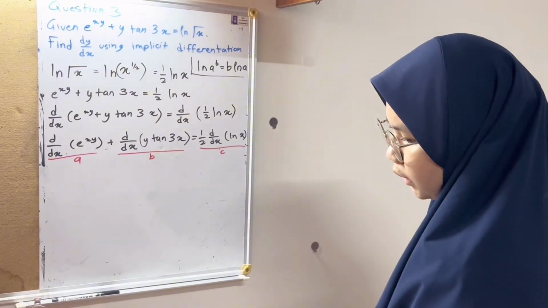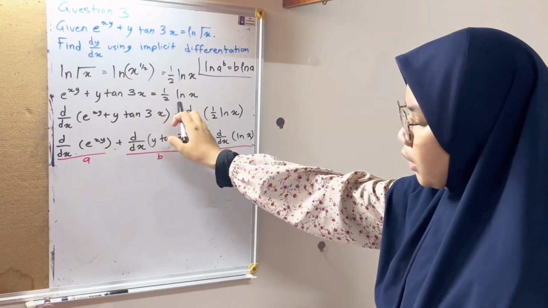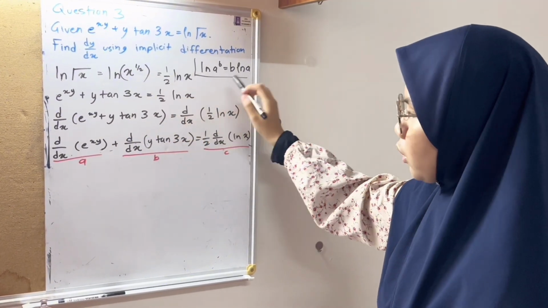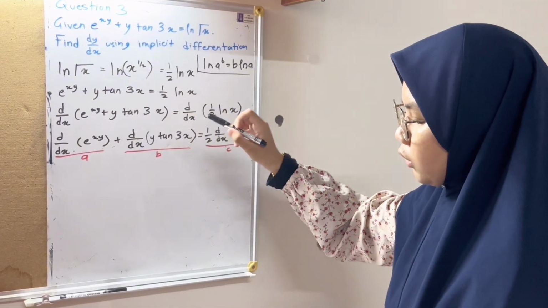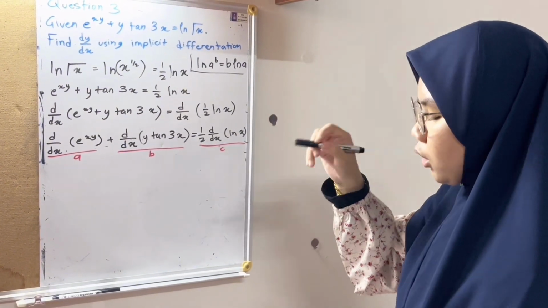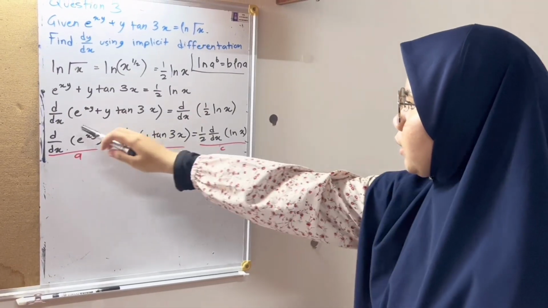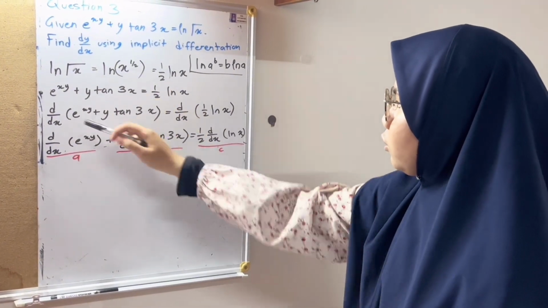After that, in the second step, we need to differentiate both sides with respect to x. Apply the differentiation operator, d over dx, to both sides of the equation, like this. It will turn into this form.